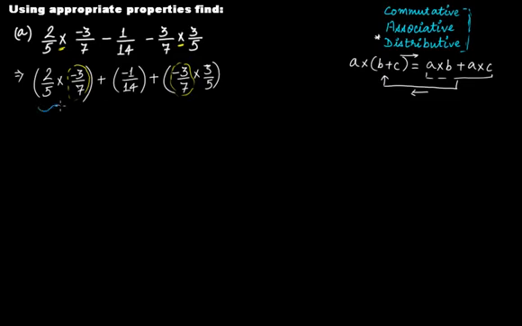If I put this as a, why a? A is any rational number, because when you solve this, you'll get a rational number. If I put this as b, and if I put this as c, now I'm going to group them together. I'm going to put these within a square bracket.